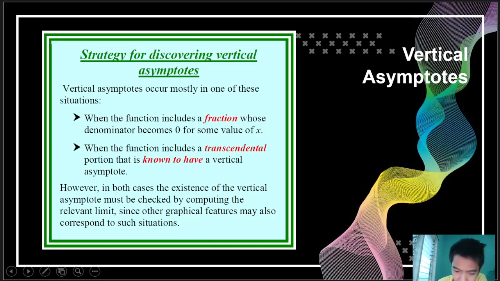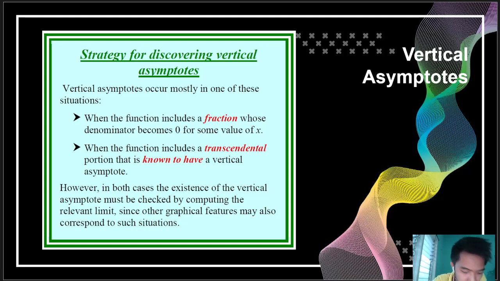We have mentioned a while ago that the strategy for discovering vertical asymptotes is to check whether the function involves a fraction, and if it does, you get the denominator and equate it to 0, then find the values of x that will make the denominator equal to 0.